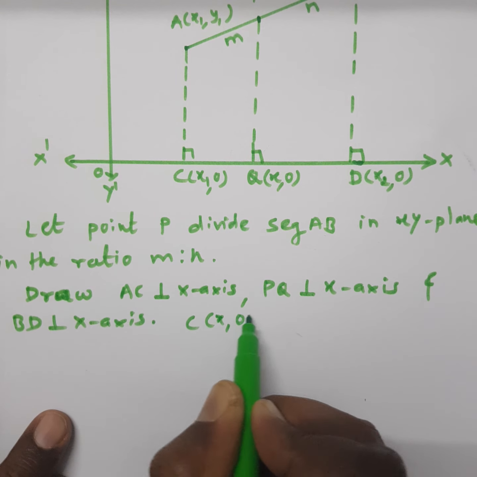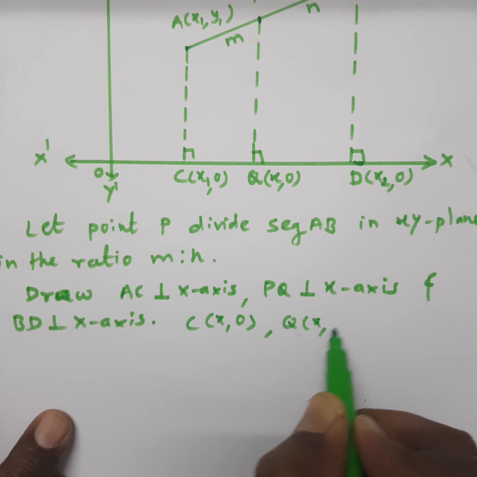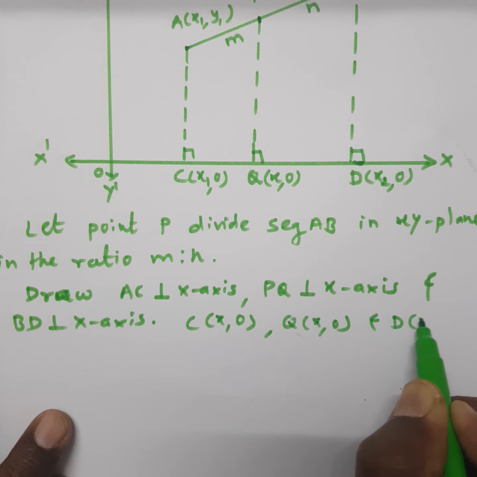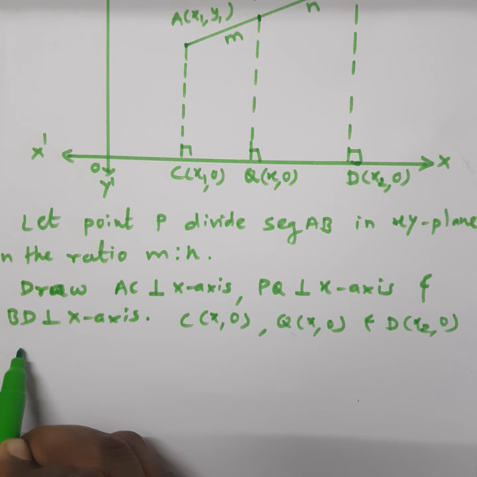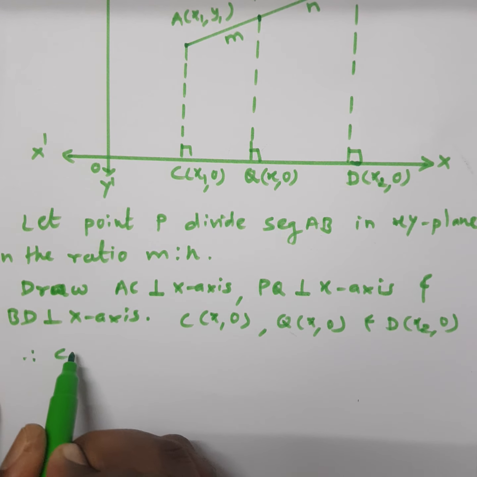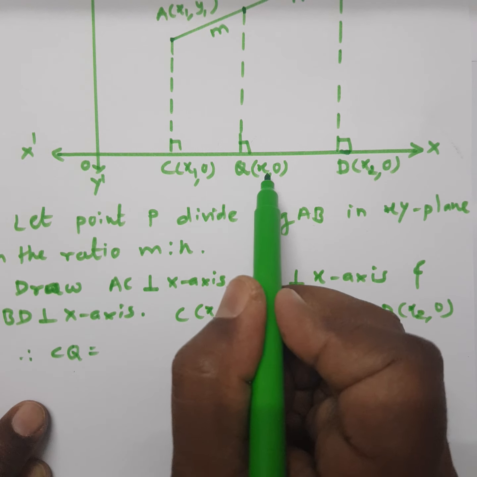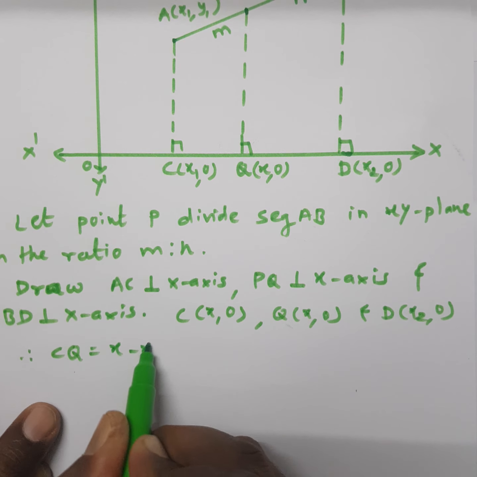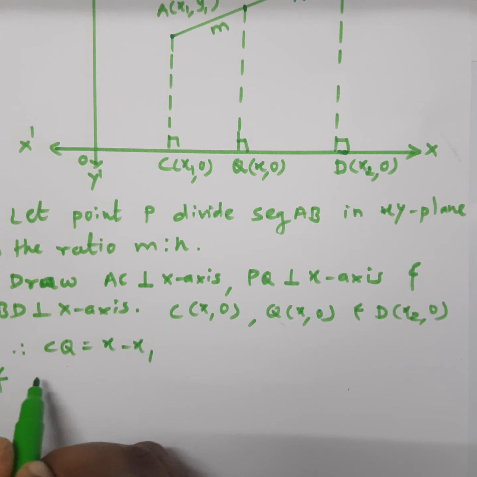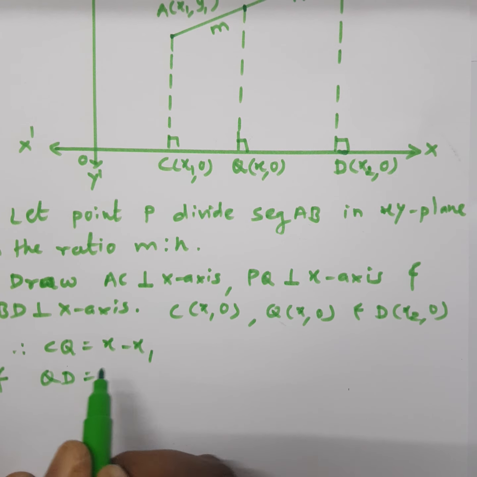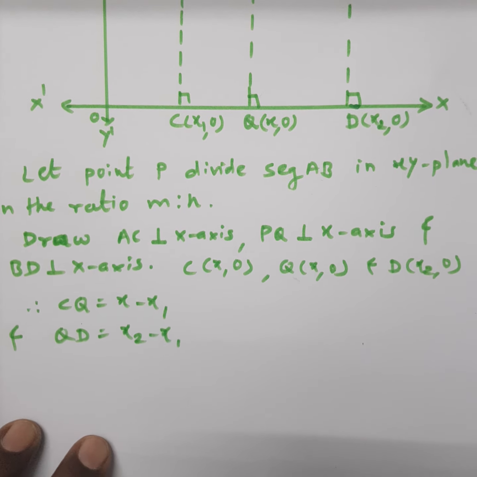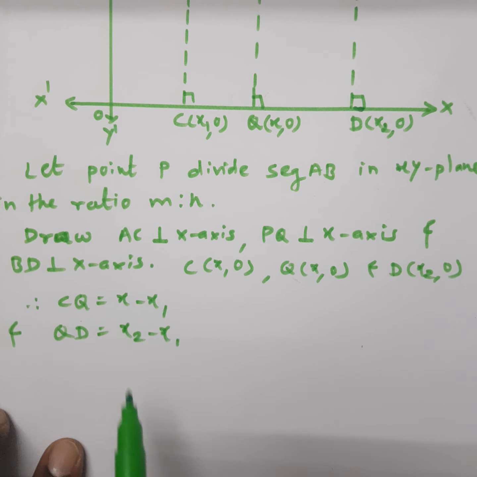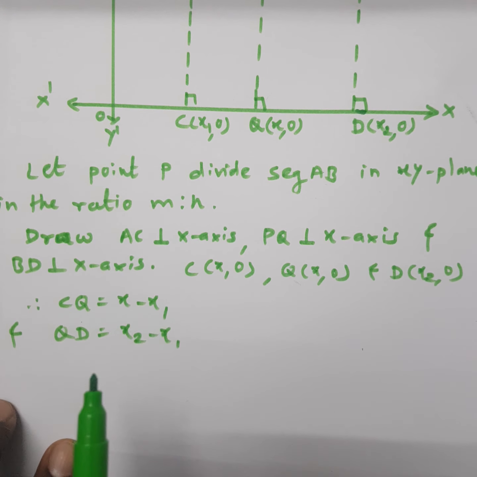C (x1, 0), Q (x, 0) and D (x2, 0) are the coordinates of points C, Q and D. Therefore, distance CQ will be x minus x1, and QD is equal to x2 minus x, because these points are on the x-axis, so we subtract the smaller coordinate from the larger coordinate.